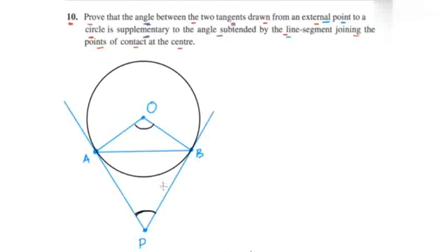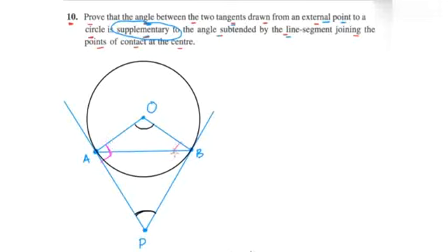So these are the two angles being talked about in the problem statement, and we have to show that these two angles are supplementary. In other words, we have to show that their sum is equal to 180 degrees. Okay, so this is actually a very straightforward problem. All we need to do is make use of the fact that this angle OAP will be 90 degrees, because the radius through the point of contact is perpendicular to the tangent, we know that.